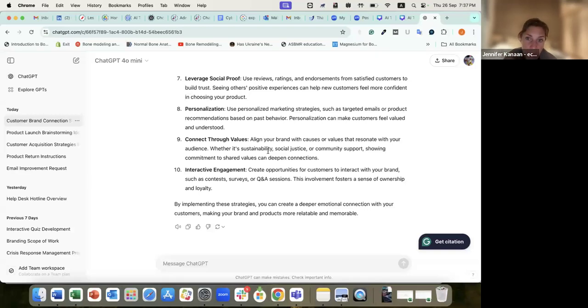And this is something we've been seeing a lot in small businesses and the way they do marketing, that this has been very successful in highlighting your values as a business or as a brand or as a person sometimes because it's resonating with an audience, and specifically a lot of audiences that would like to support values instead of big corporate clients. Interactive engagement, so create opportunities for customers to interact with your brand, such as contests, surveys, or Q&A questions.